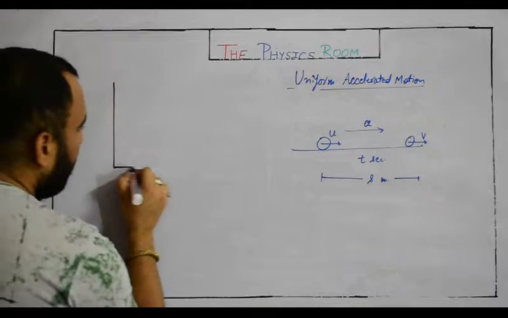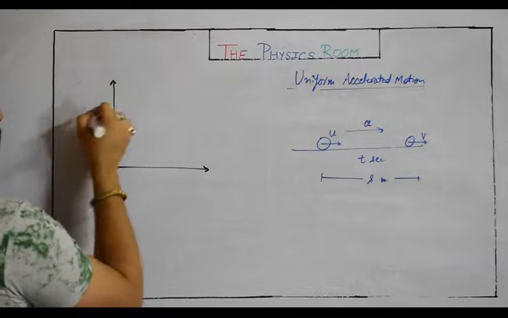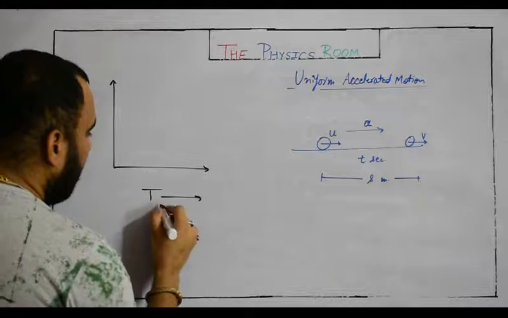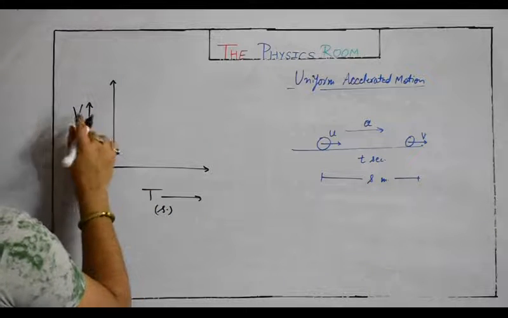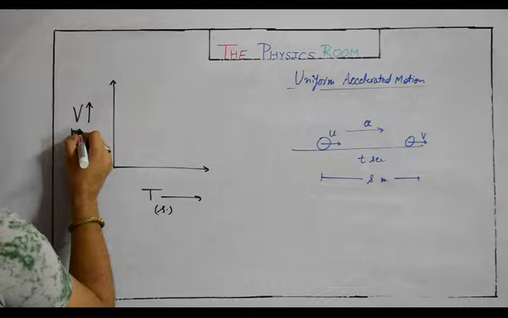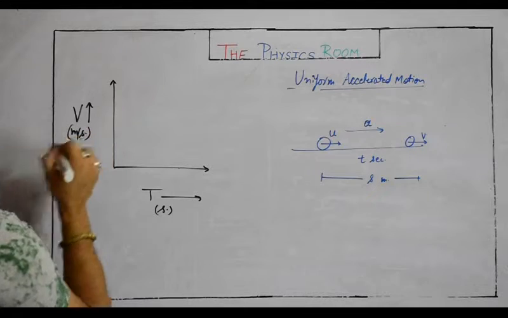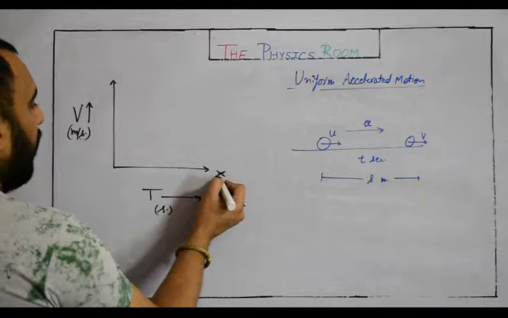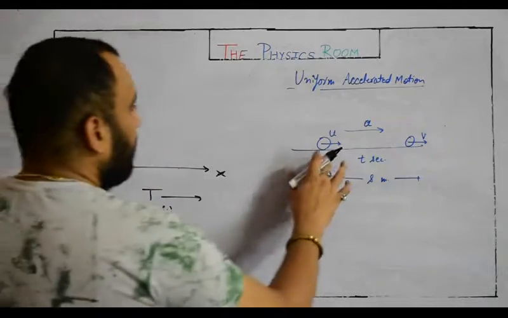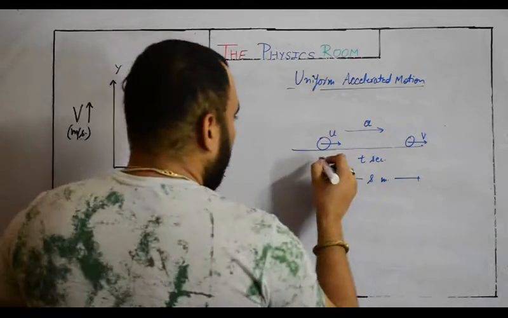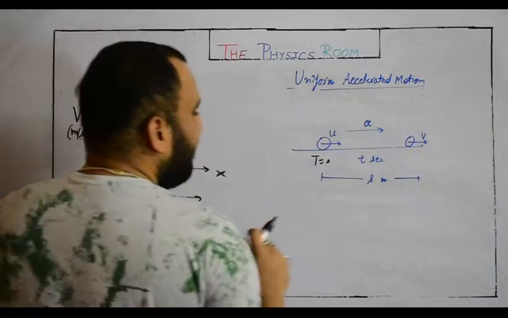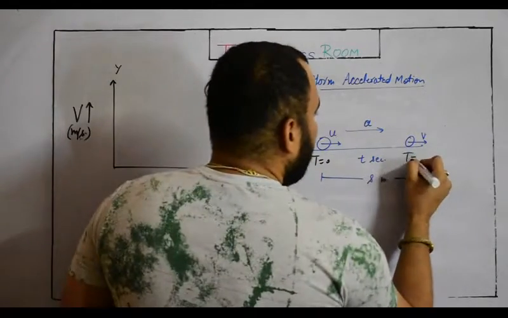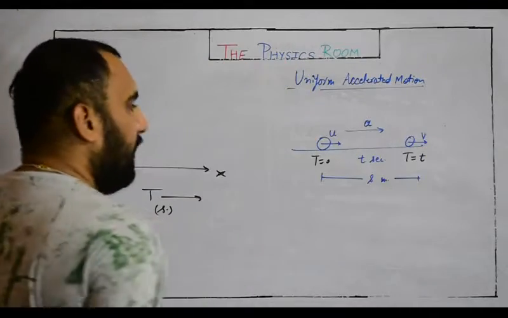Let's try to plot a graph between velocity versus time. Time is in seconds, velocity is in the standard meter per second. Keep this in your mind that velocity initially is not zero, for a universal format. This means when the time t was zero, at that time velocity was having some kind of a value, and when the time is small t, its velocity becomes v.